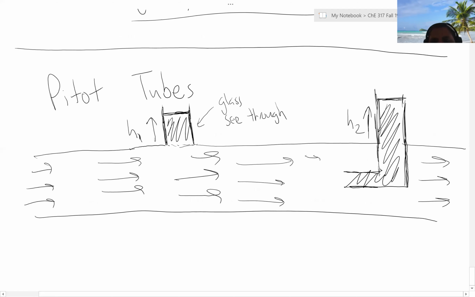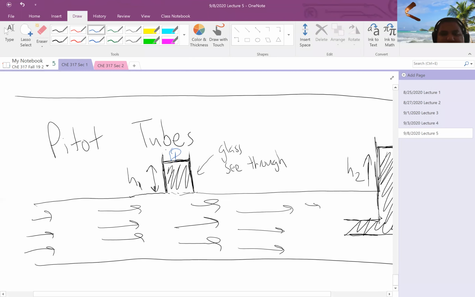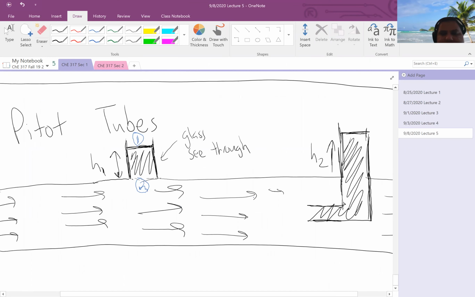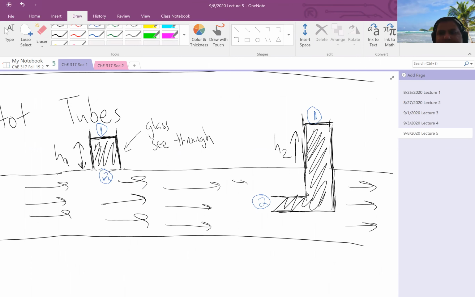But the question would be, what information am I gaining by looking at the relative height that I see off of these pipes? Well, I can do a couple things. Let's look at the tip of these systems, the entrances of them.